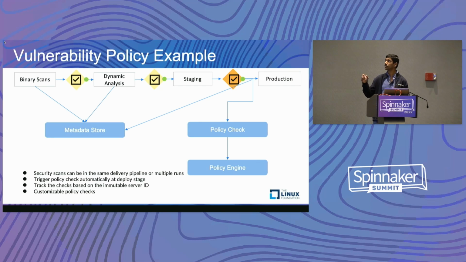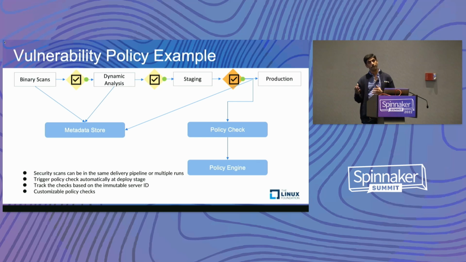And when it goes through a repository, the repository change events are triggered. We store that information, and the binary scan metadata is also stored. Once the testing runs, the data generated through the testing also gets stored there.